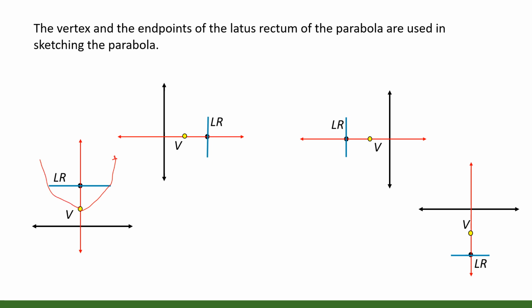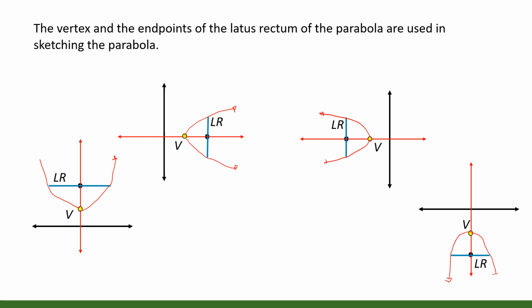This parabola opens upward, while the other parabola opens to the right. Next parabola opens to the left. And our last parabola opens what? Downward.